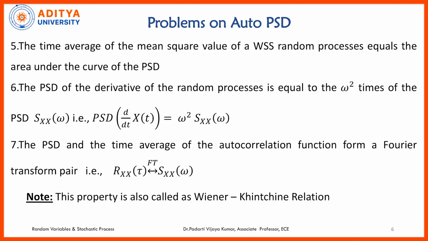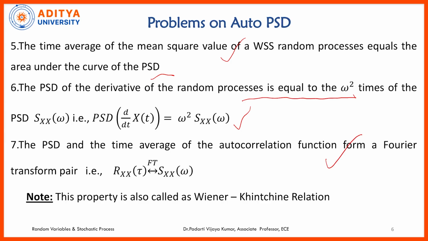Next, the time average of the mean square value of a wide sense stationary random process is also equal to the area under the power spectral density. That is nothing but the average power, which can be calculated using this property. The power spectral density of the derivative of the random process is equal to omega square into Sxx(omega).